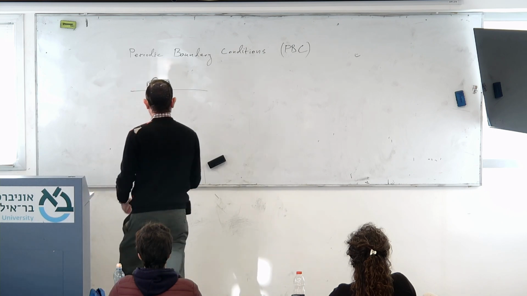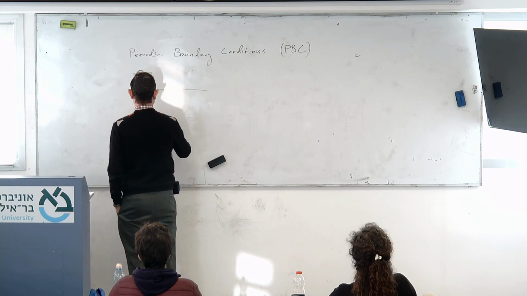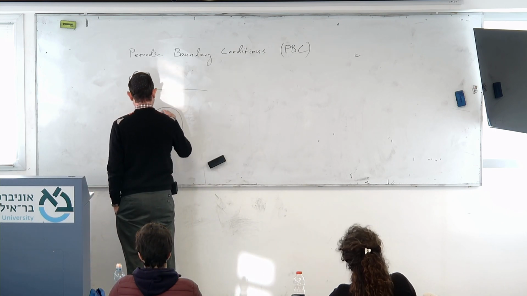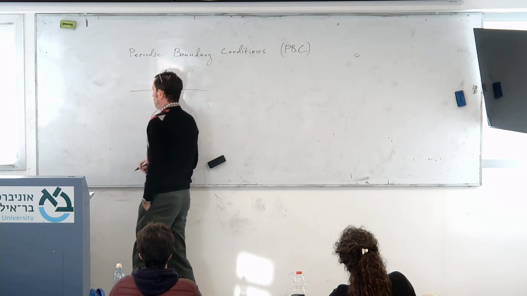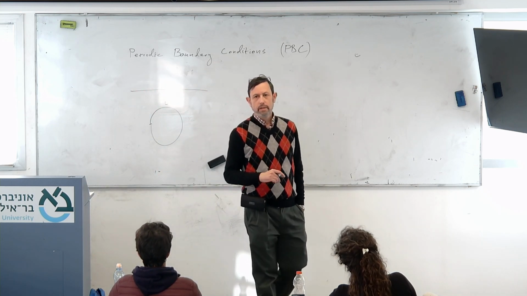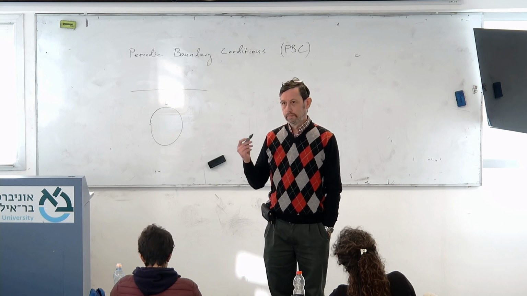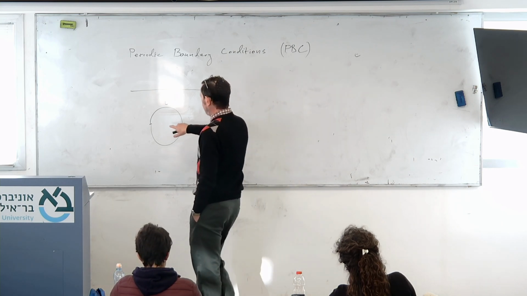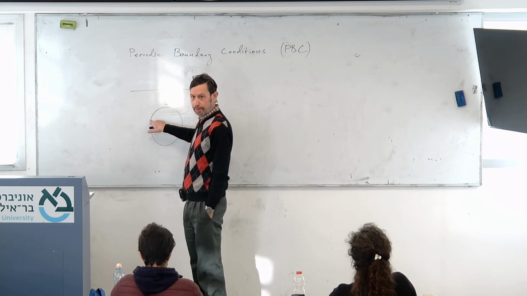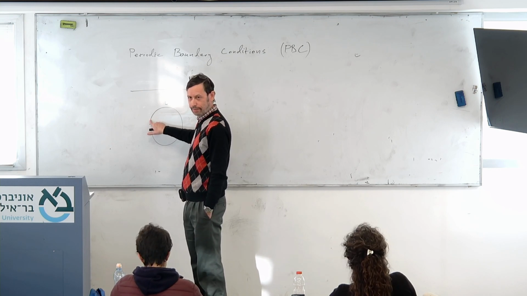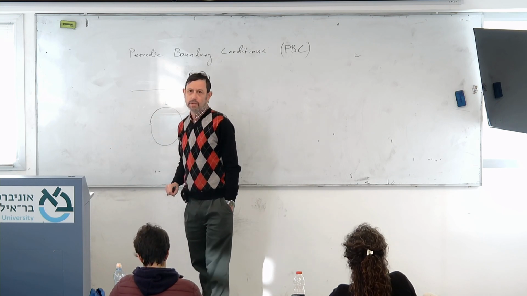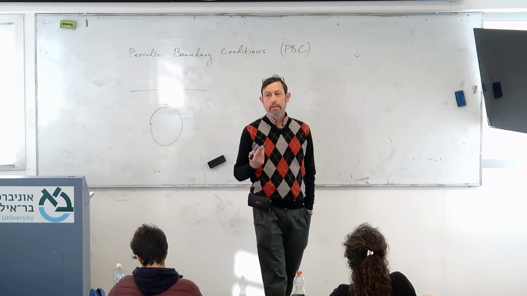But let's take the thing and think of it as a ring. Then you have a periodic boundary condition. Whatever left from here comes back here. What's nice about it? It's finite.